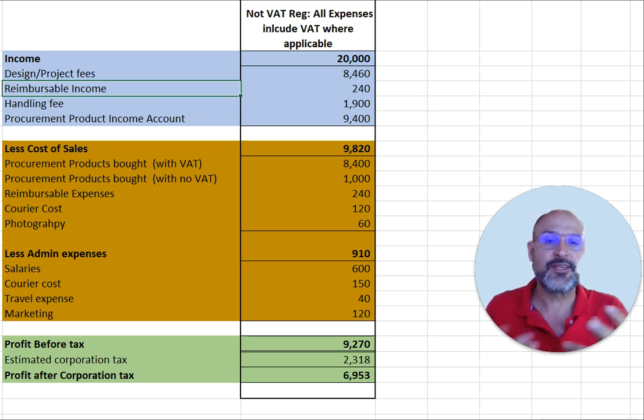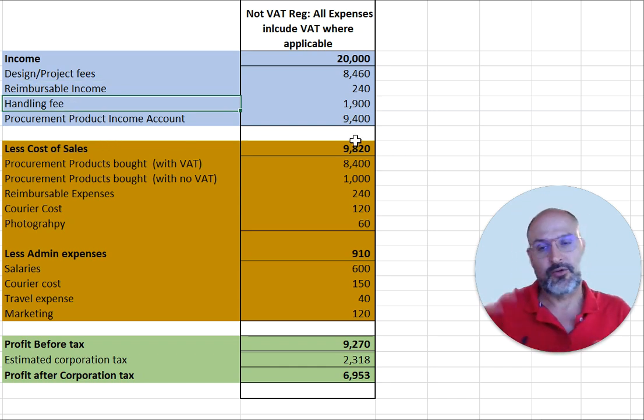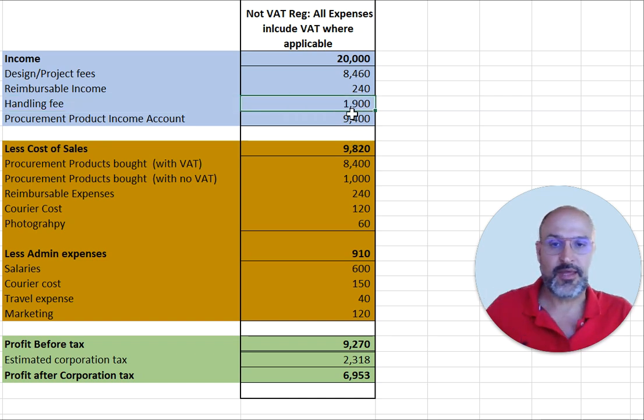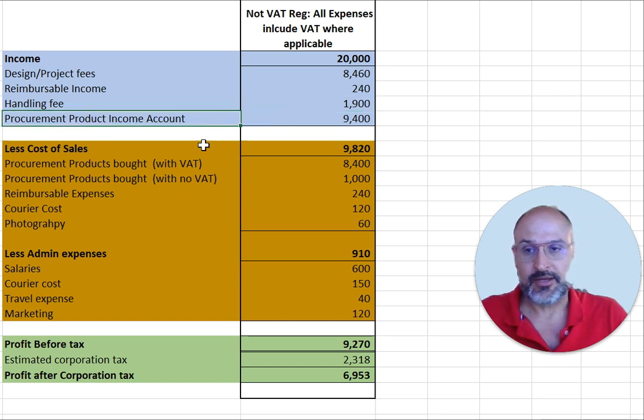So you need to think about what you're going to call it so that you know when it's an income account, when it's an expense account, when it's the admin account. Just to show an example, handling fee: if you're charging a handling fee on the products that you bought, call it a handling fee, and then your income can go into that account, or it can be allocated to that account.